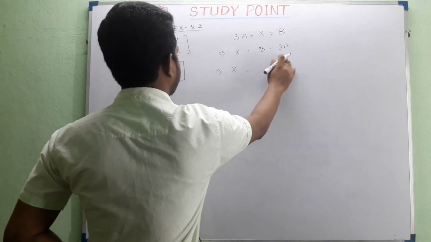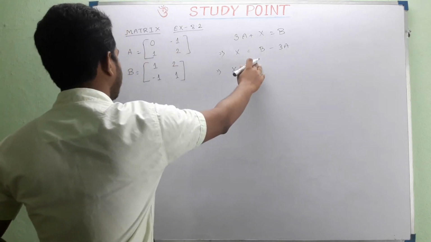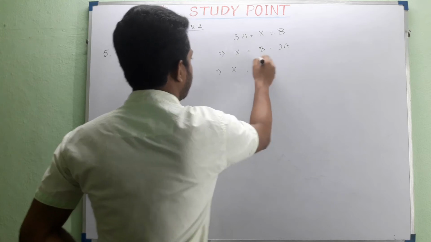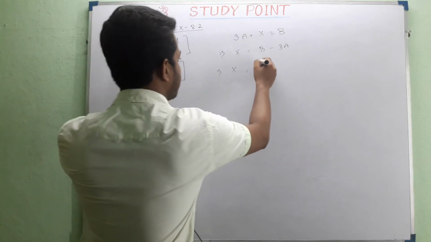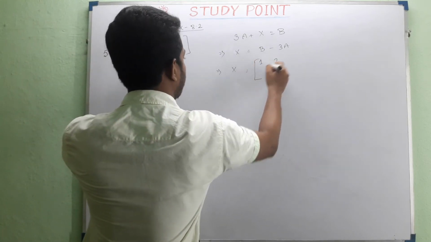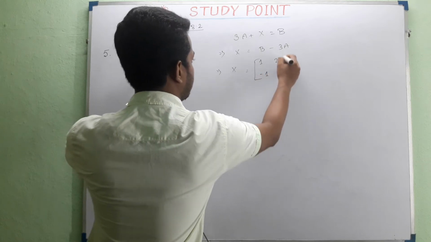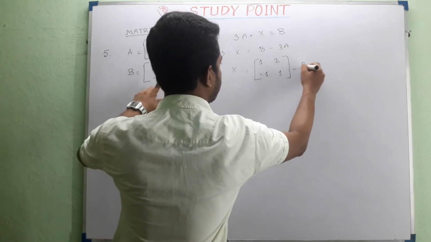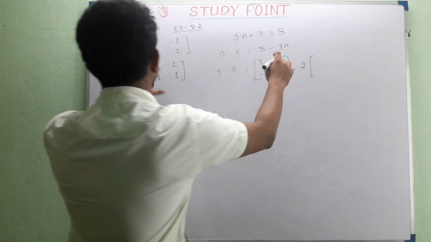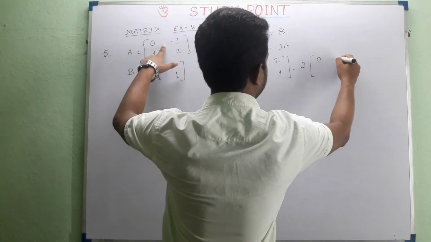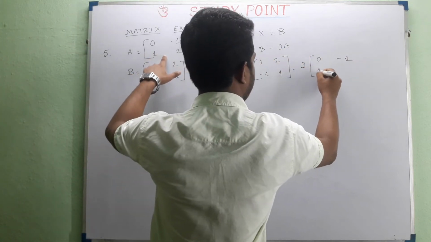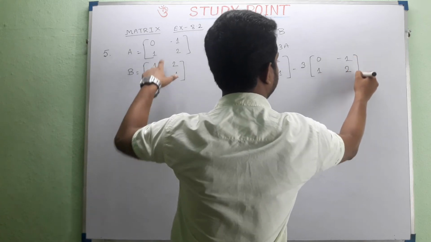After arranging in this formation, we have to put the value of B matrix over here. See, 1, 2, minus 1, 1 minus 3 into A. What is A? 0, minus 1, 1 and 2.